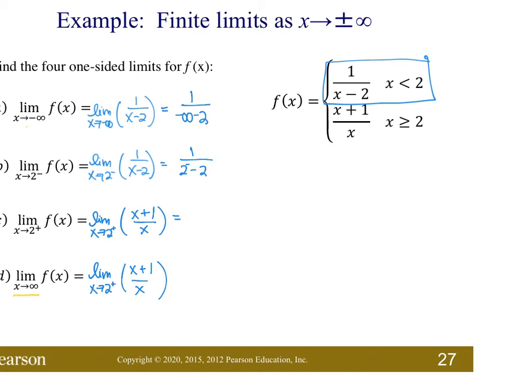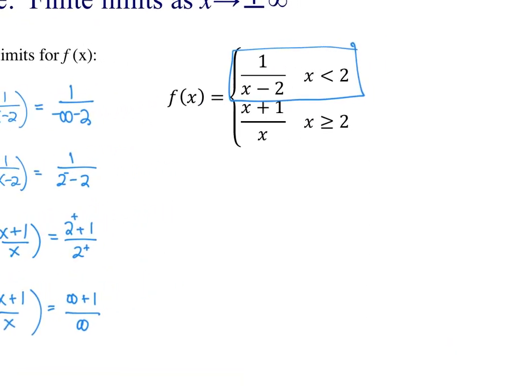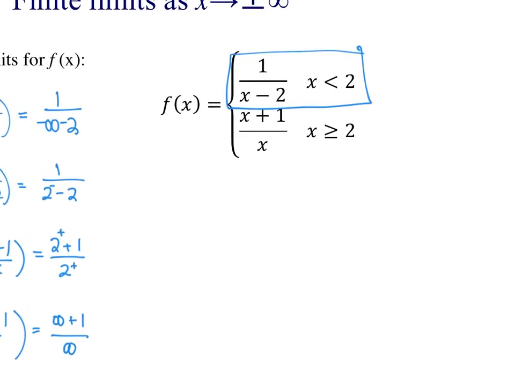In this one, I'm going to drop in 2 plus, 1 over 2 plus. And in the last one, I'm going to drop in infinity plus 1 over infinity. Now I want to see what's going to happen with every single one of these. I'll slide this over a little bit. Something different is going to happen each time.